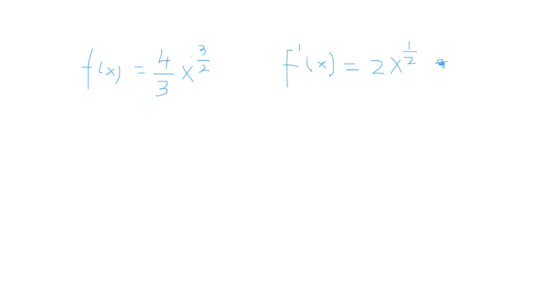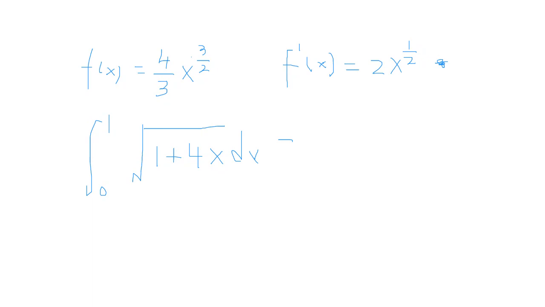So now the arc length formula, we want to find from the interval 0 to 1. We have the square root of 1 plus the derivative squared. Well, 2 squared is 4. X raised by half squared, just x, dx.